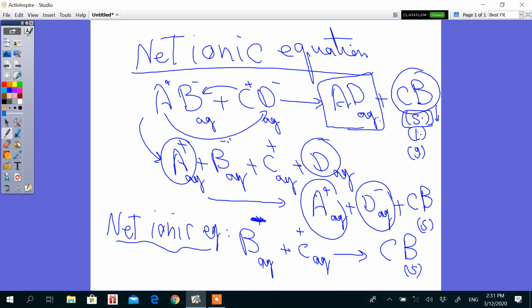And the ions which are not included, like A and D, are called spectator ions.